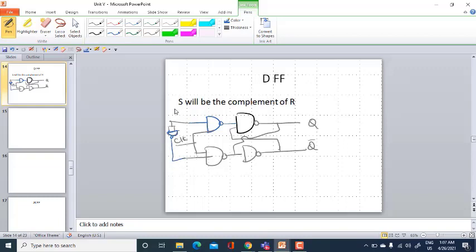So this common input is said to be D, but here this is S and this is R. Am I right? So this is how you will be drawing.